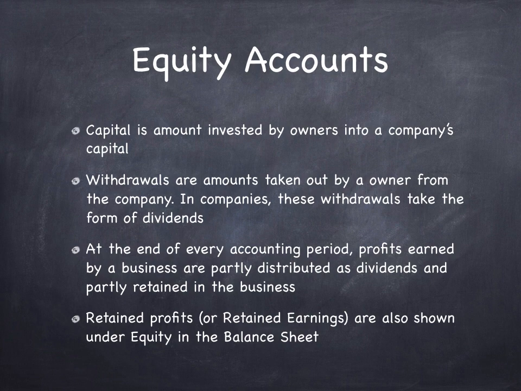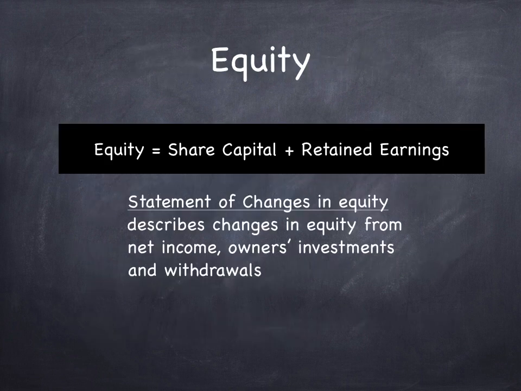Now, the equity comprises two components. One is the paid up share capital, and the other is the retained earnings. So, retained earnings are profits earned by a business but not distributed as dividends and retained within the business for reinvestment. So note very carefully that equity equals share capital, which is the contribution to the share capital by shareholders, plus the retained earnings.